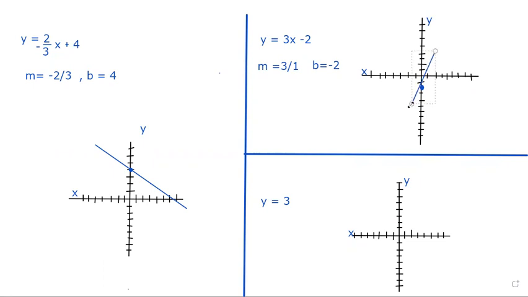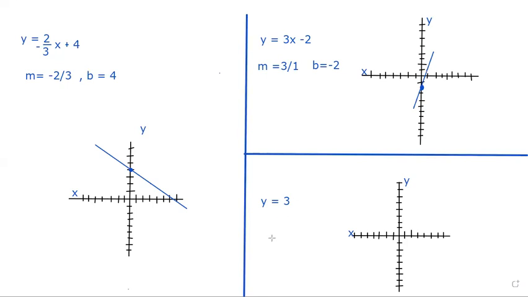We connect it a little bit better and make sure we hit both points. Okay, and that's our line. That's how we graph y is equal to 3x minus 2.